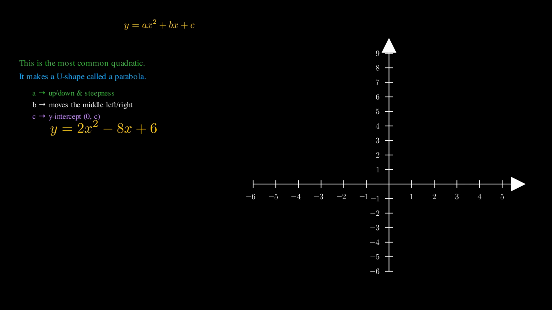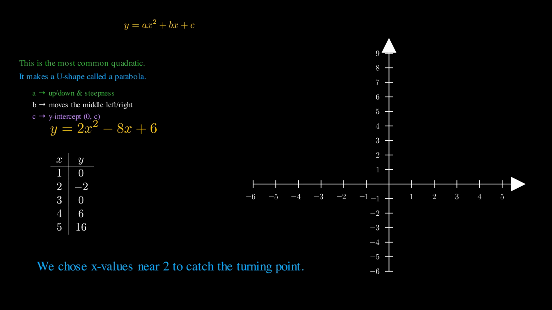That keeps the graph accurate. I plug in the values. I plot the points. C equals 6, which is the y-intercept. So the graph crosses the y-axis at 0, 6.